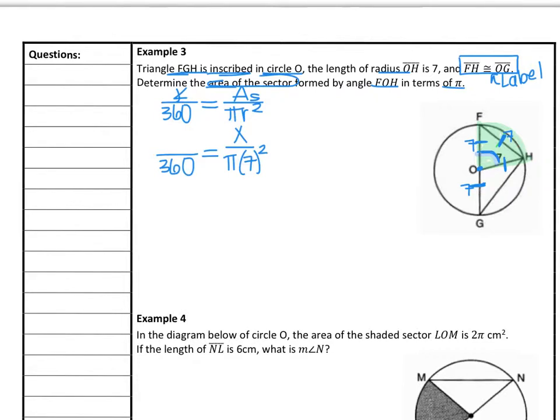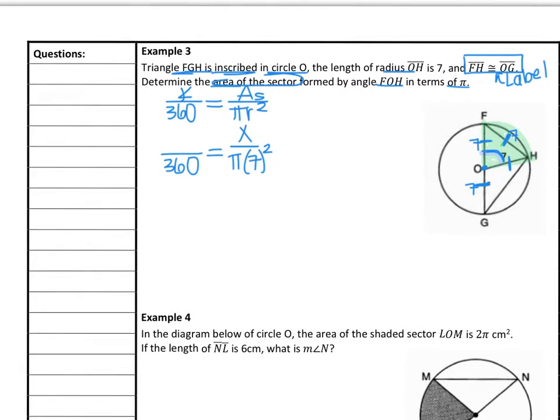Well, we have to think back to what kind of triangle they just gave us. If we redraw that triangle over here, they gave us a triangle with 3 equal sides, which is an equilateral triangle.